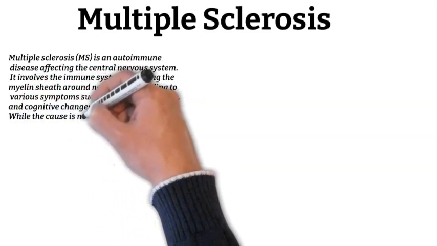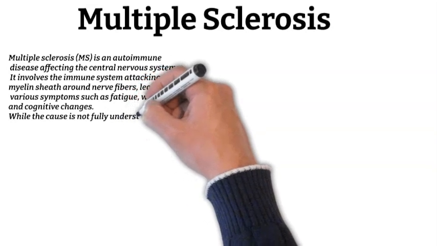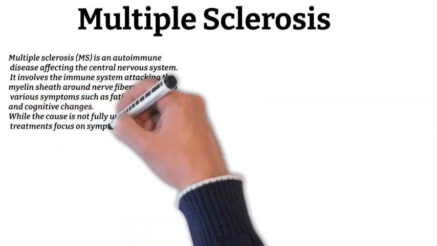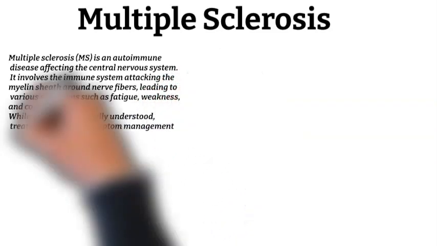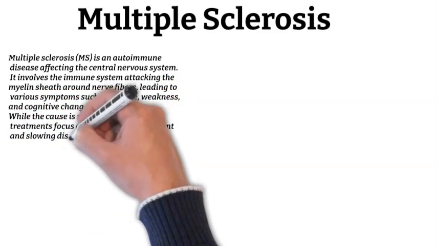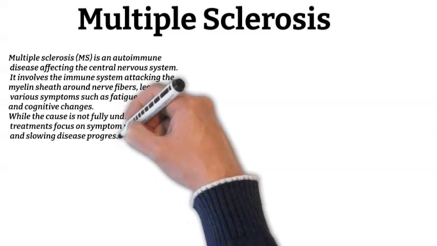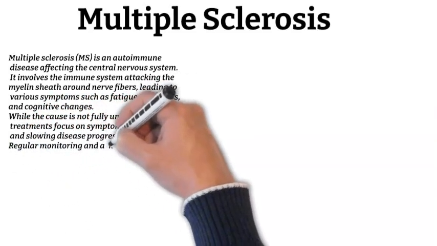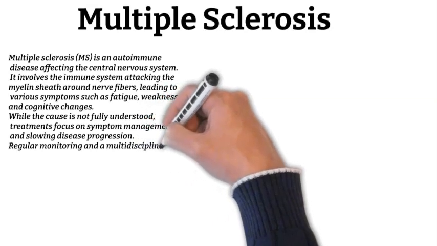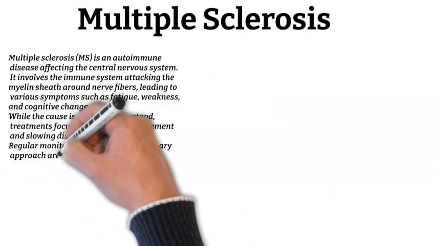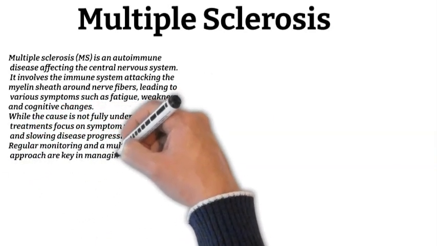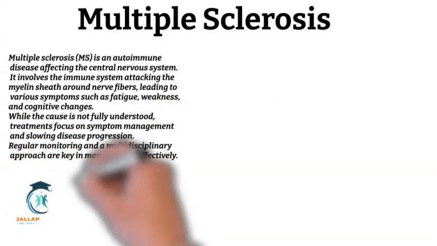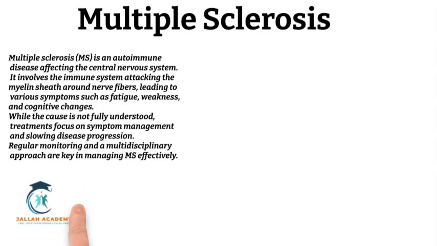While the cause is not fully understood, the treatment focuses on symptom management and slowing the disease progression. Regular monitoring and a multidisciplinary approach are the key in management of multiple sclerosis, and it's very effective, remember.